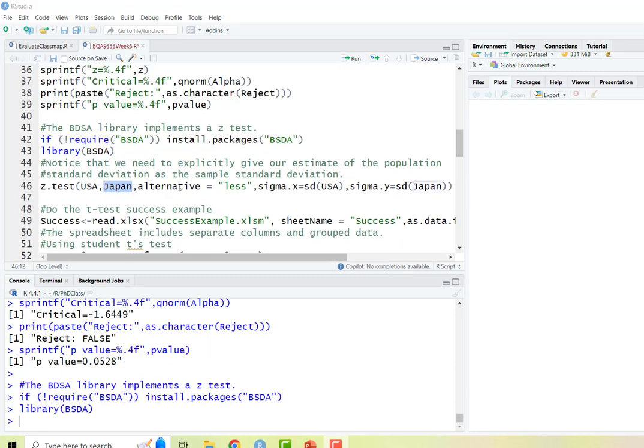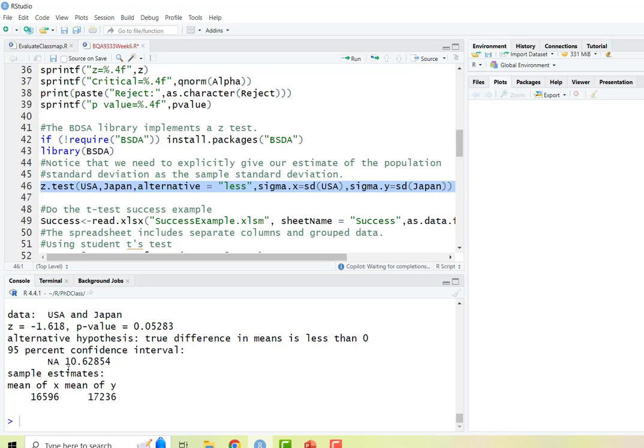We have the alternative hypothesis as less than. We can have less, greater, or two-sided. We don't know the population value, so we have to estimate it from the sample. So we pass, using the sd function, the two different sample standard deviations. And let's do the z-test.